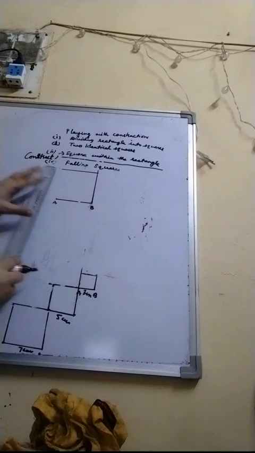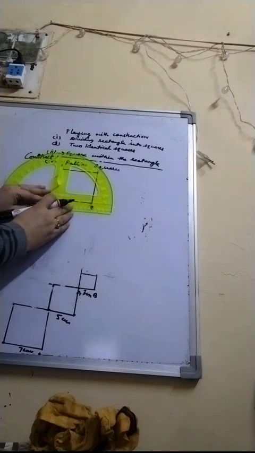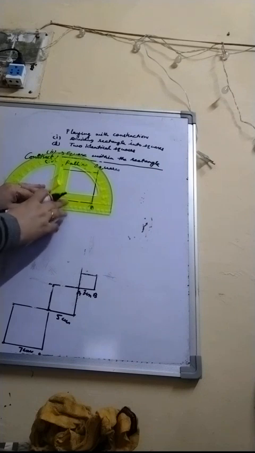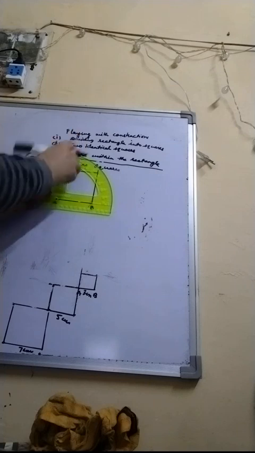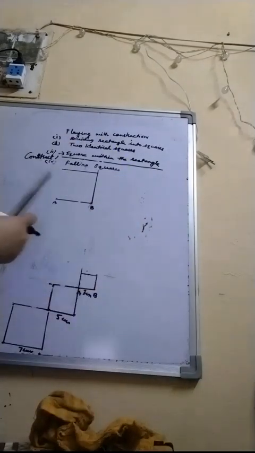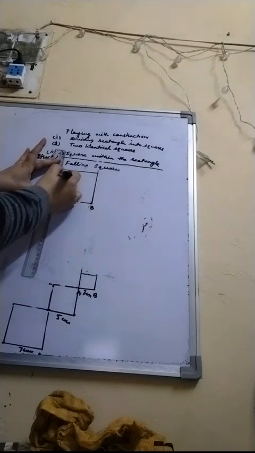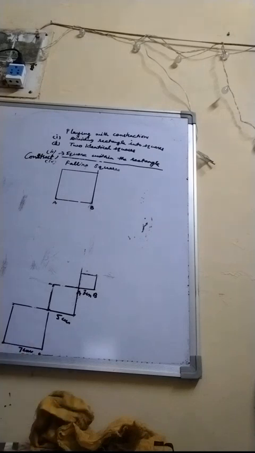Similarly, from here you would take the vertex A, center of the protractor at A. Now the line is towards your right. Align it and draw 90° and join the lines together. So you get a square of 8 centimeter.